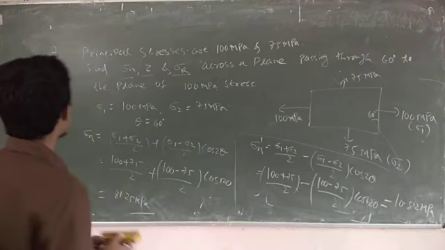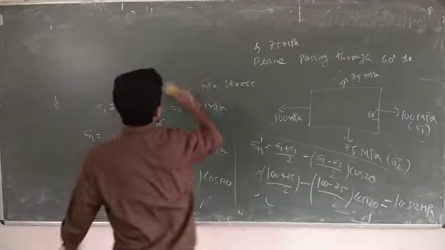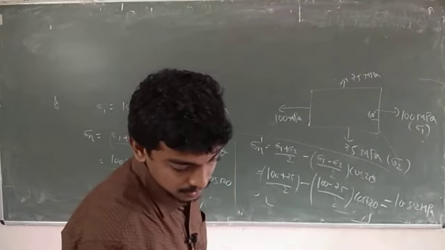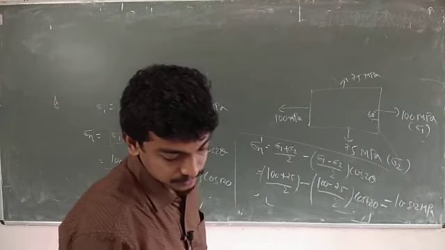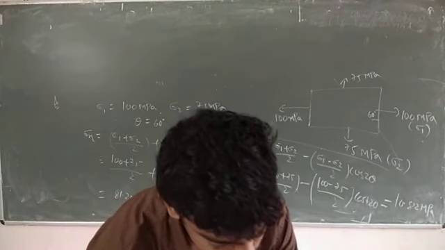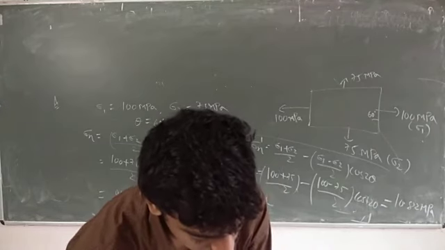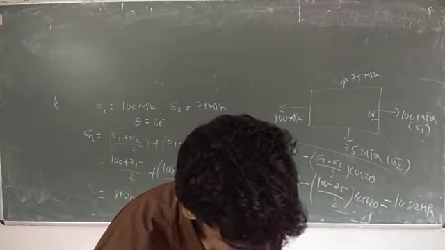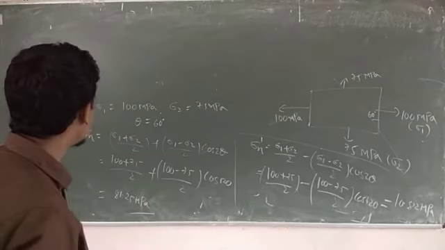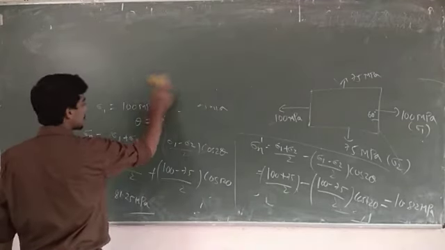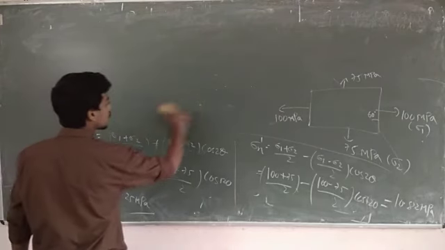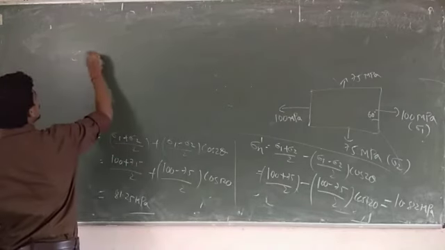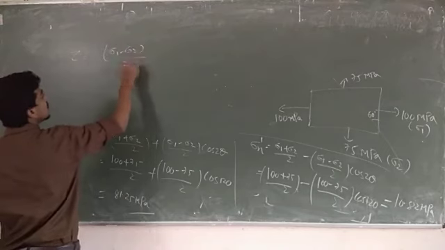So I am just working it out roughly. Now for shear stress, just put the formula: tau equals minus sigma 1 minus sigma 2 by 2 sin 2 theta.